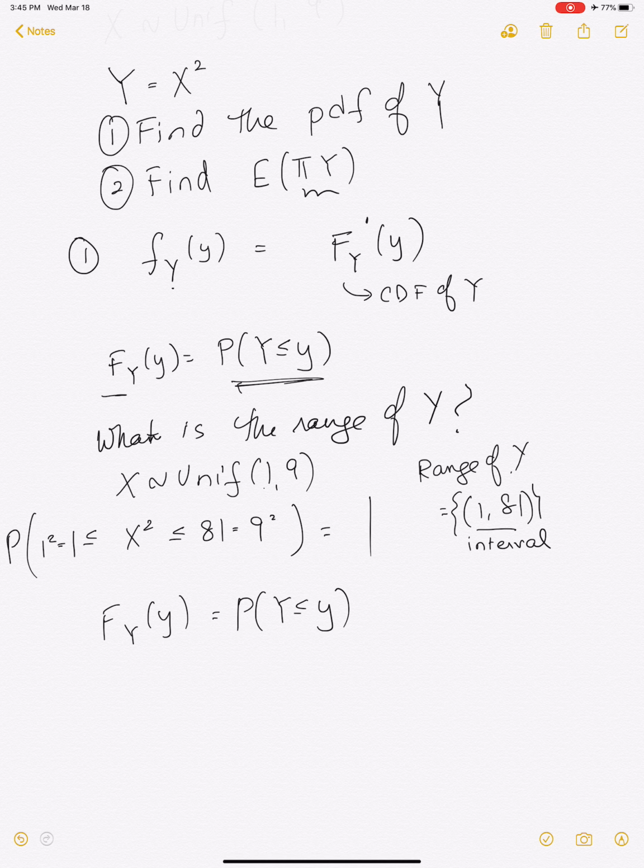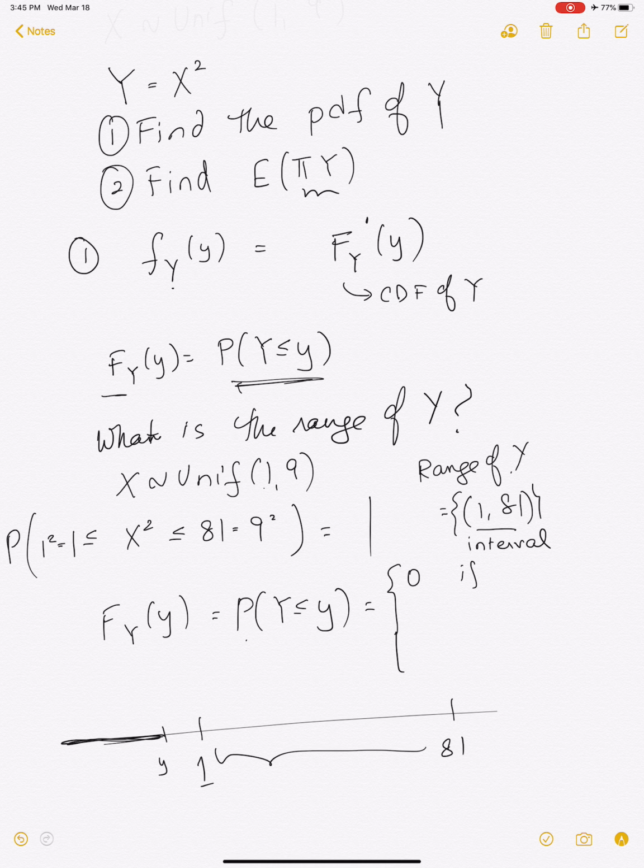So here's 1 and here's 81. Let's suppose you pick a little y to the left of 1. What's the probability Y is less than that? Well, you know Y is always between 1 and 81, so this is 0 if y is less than 1. And then pick a number to the right of 81.